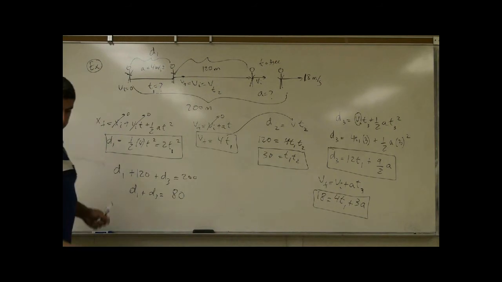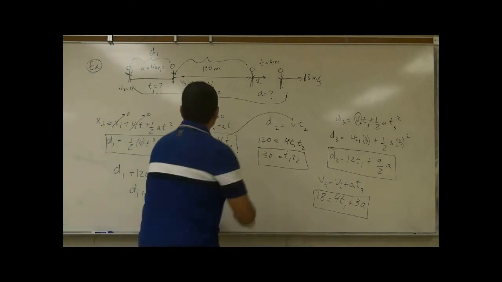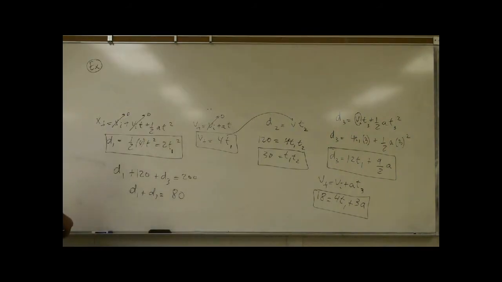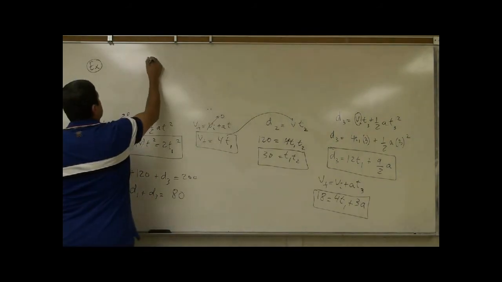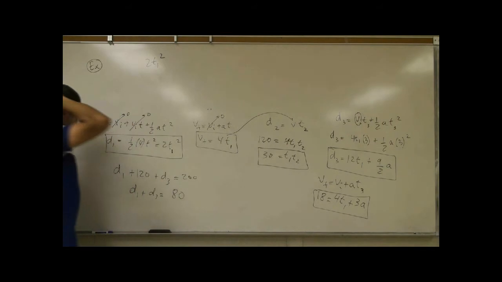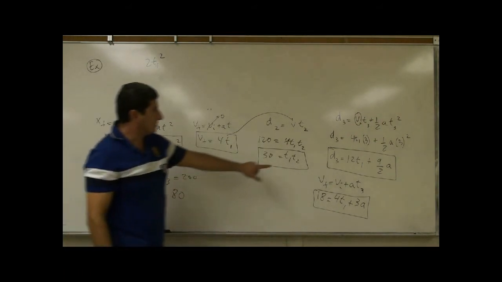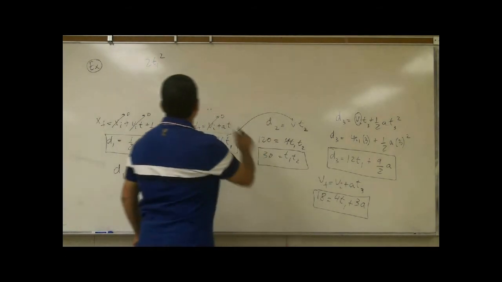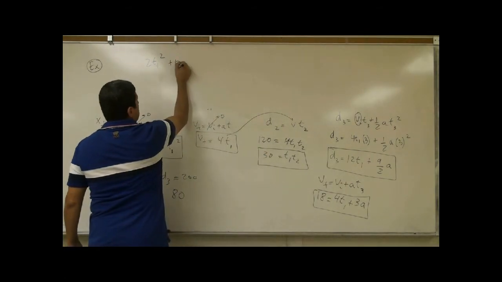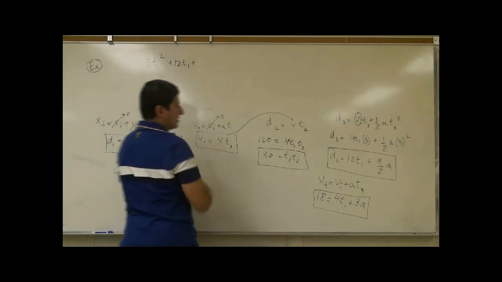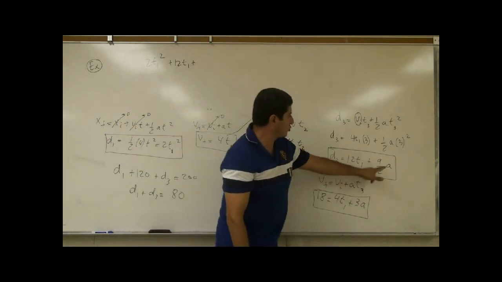So let's erase this one here. Go to 80. d1 is 2t1 squared, right? That's this one. What's d3? d3 is this one, right? Plus 12t1 plus 9 over 2a.